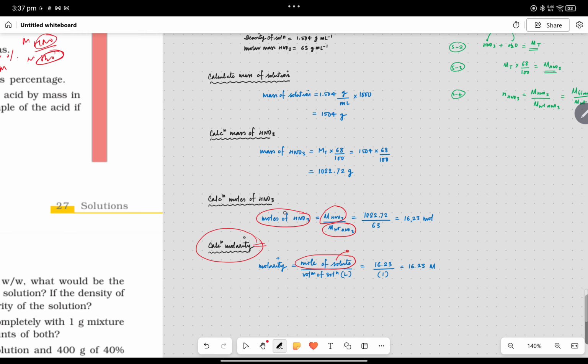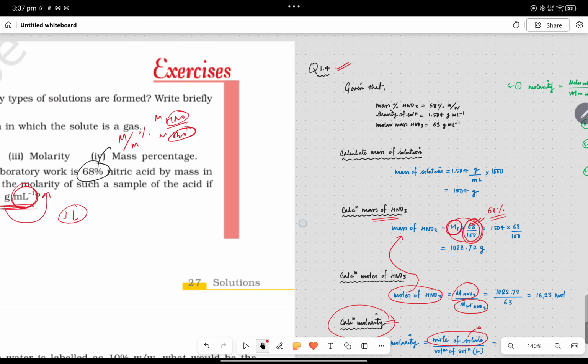So I went from the last step to the third step. Then for the mass of solute, I need the mass percent concentration, so that I can know how much mass of HNO3 is there from the total amount of solution, right? So from there I get to know that I need this mass percent, the weight percent concentration that is given here.